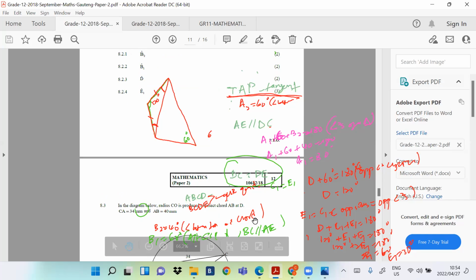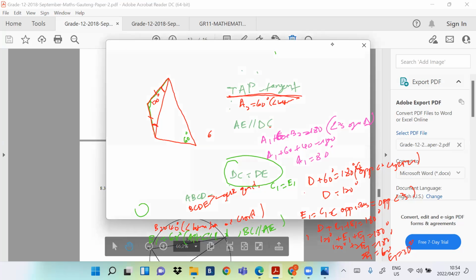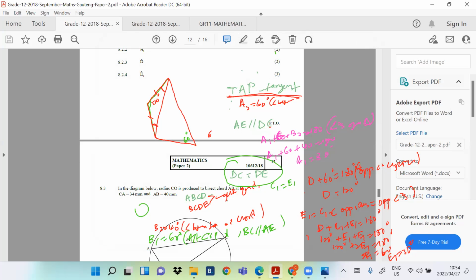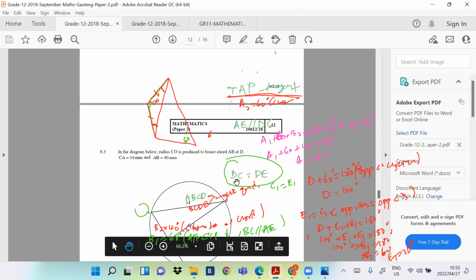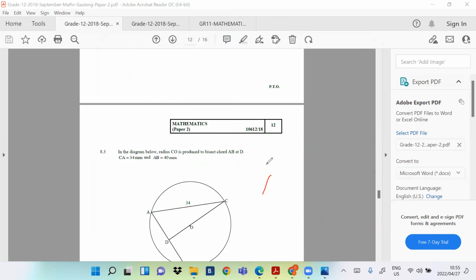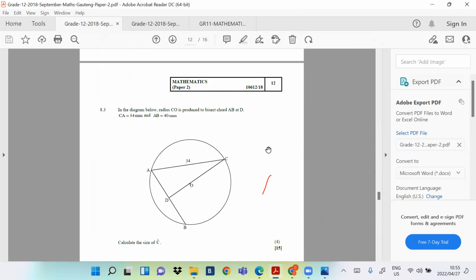8.3. They say, in the diagram below, we can erase this because it's not part of it. So in the diagram below, radius CO is produced to bisect chord AB.